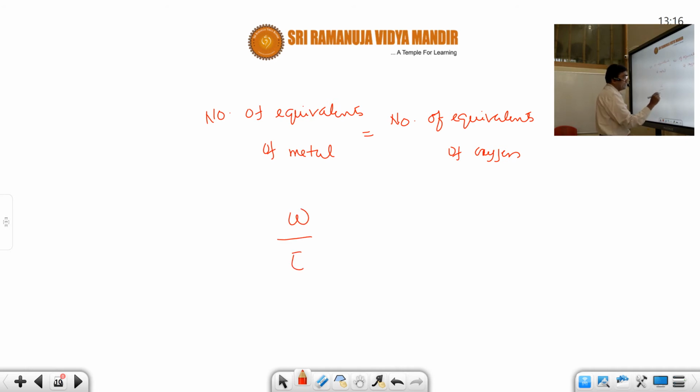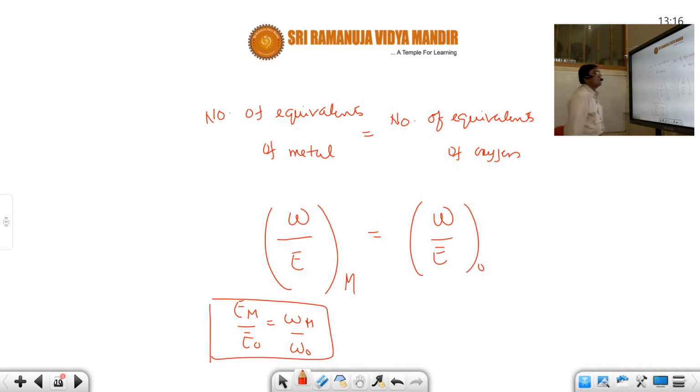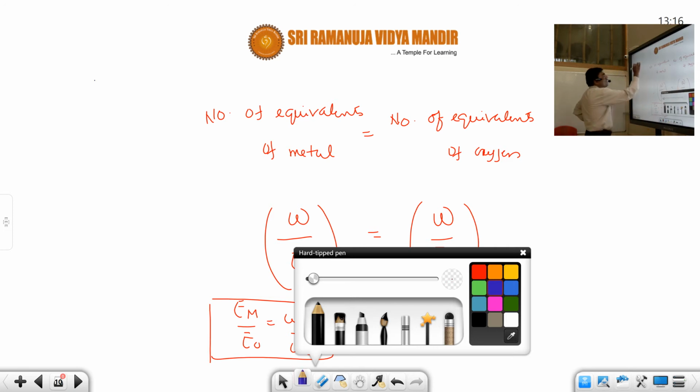Weight by equivalent weight. Weight by equivalent weight for metal is equal to weight by equivalent weight of oxygen. Agree or not? Now how to write this? I can write it like this: equivalent weight of metal by equivalent weight of oxygen is equal to weight of metal by weight of oxygen. So this is the concept, called the equivalent concept.